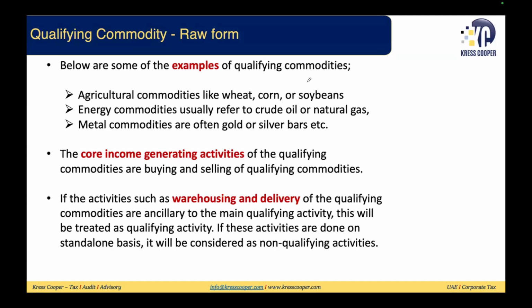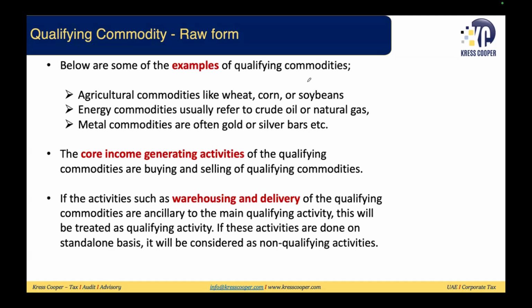Metal commodities: gold, silver. Then the core income generating activity for these qualifying commodity traders is buying and selling. The only activity is basically buying and selling the goods. This is their core qualifying activity, nothing other than this. But if you go into the distribution business, we'll discuss distribution as well.